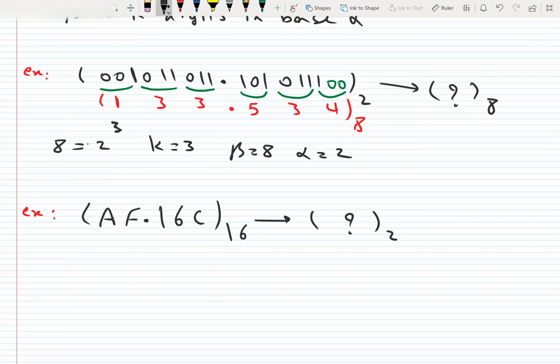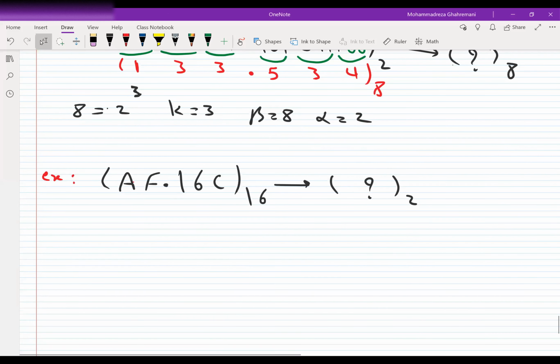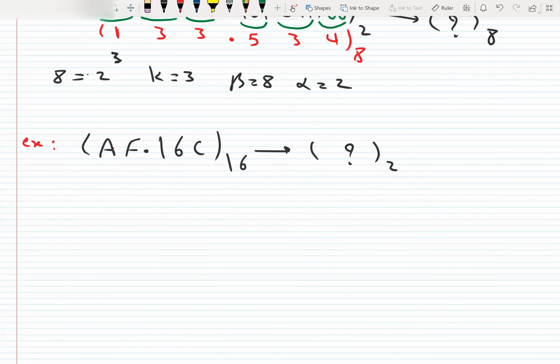Please pause the video and do it yourself, then compare your result with my solution. Okay, we want to convert AF.16C from base 16 to base 2.